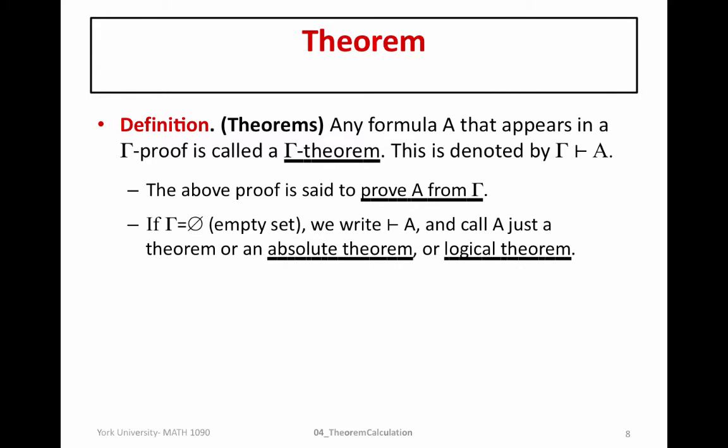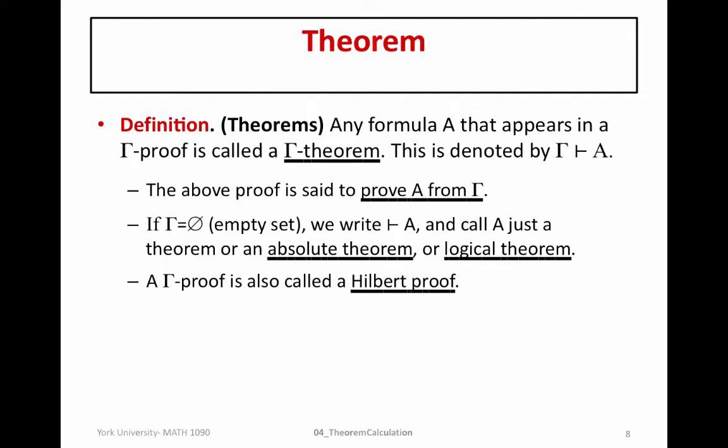Recall that we may not have any assumptions, so gamma may be empty, in which case we simply write proves A. You may be asked to show proves A, which means essentially to show that the well-formed formula represented by A is an absolute theorem or a logical theorem, and then you would simply use the axioms and rules of inference within your formula calculation.